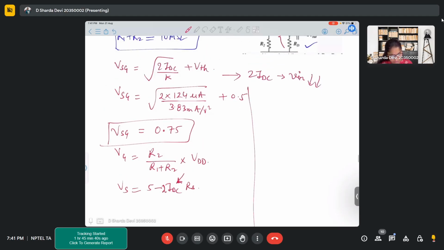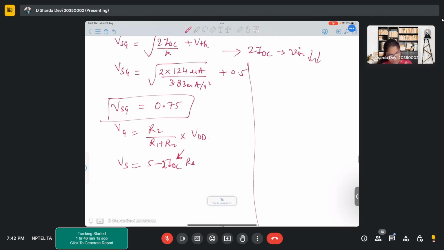So we have already found out IDC is given, RS is known. So we can find VS, and from VS we will find VG. How much is the VS that we are getting? 5 minus 2 into 124 micro into RS, which was 3.182, so 3.2 kilo ohms.